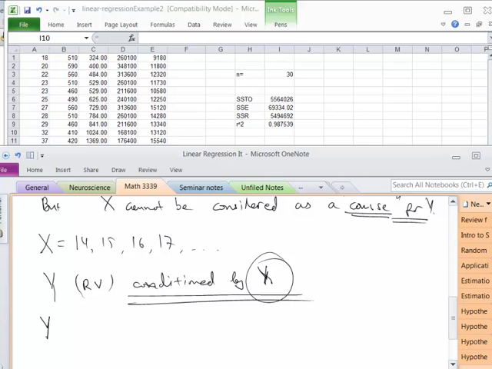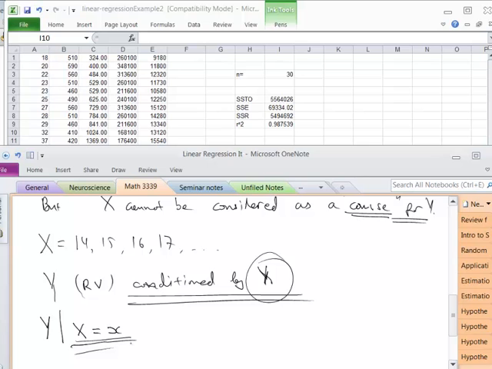What you actually see is not y in its entirety, but the conditional random variable y as x takes a value. You don't see the entire variability of y when you do the linear regression model and look at the scatter plot. You see a variability of y which is tied to how x changes its values.